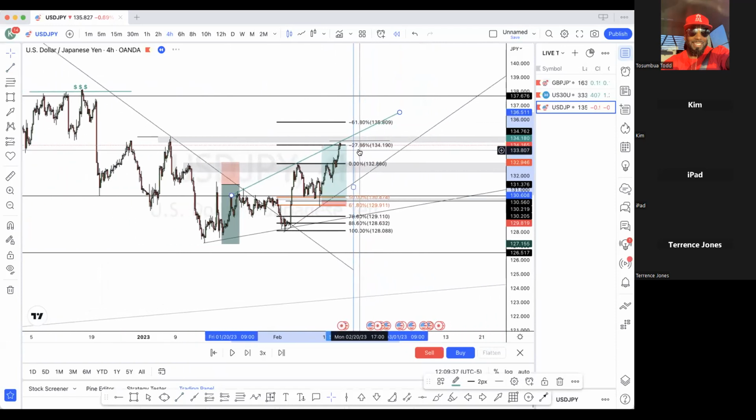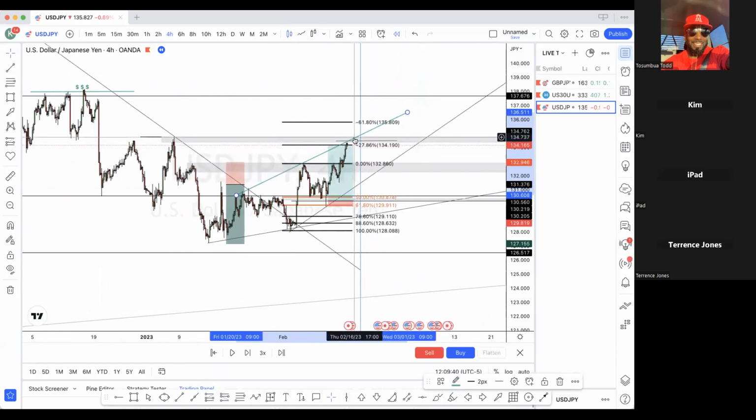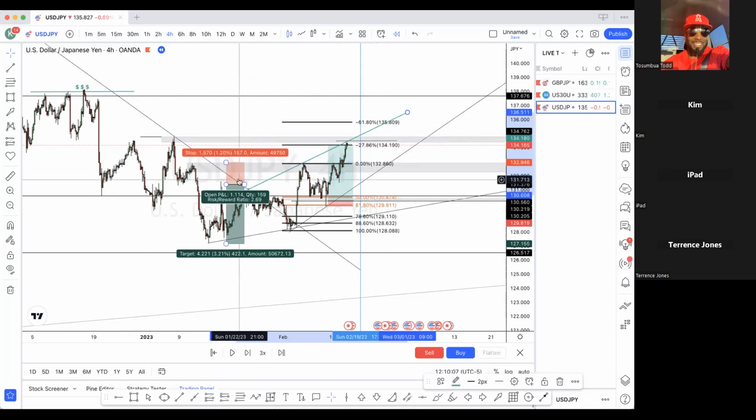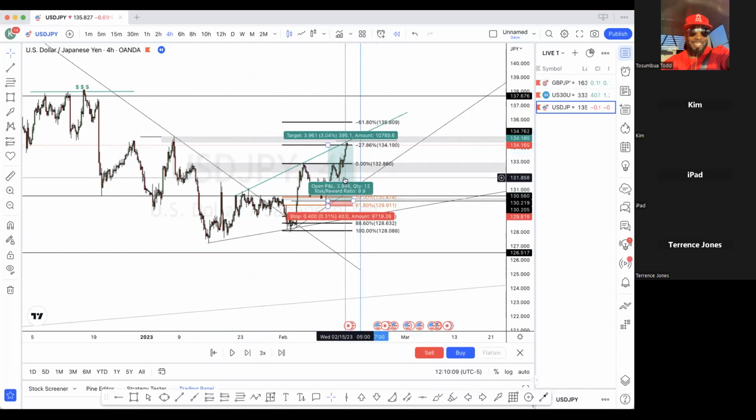Price is still bullish, but I would be more inclined to get into a sell for a pullback, to then have price pull back to this trend line somewhere, or this break of structure, to then start buying up some more. Does that make sense?